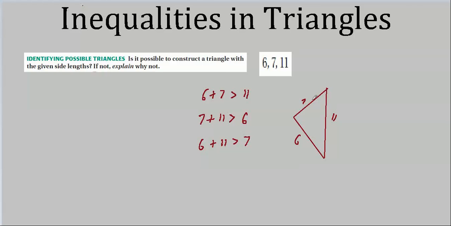Although if 7 squared plus 6 squared equals 11 squared, it might be a right triangle. You think it is? With these numbers? There's always a way to find out. Remember, we just used Pythagoras' theorem. So if we were to lay this out, could it be a right triangle? Well, let's find out. We got 7 squared is 49. 6 squared is 36.